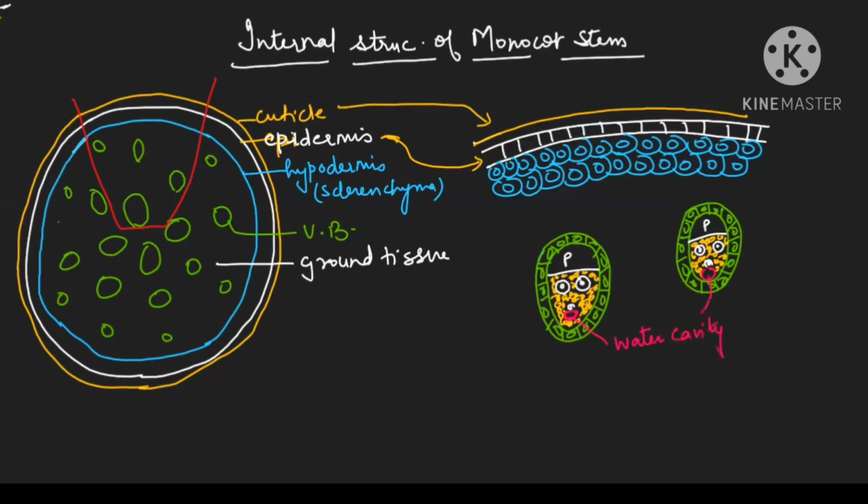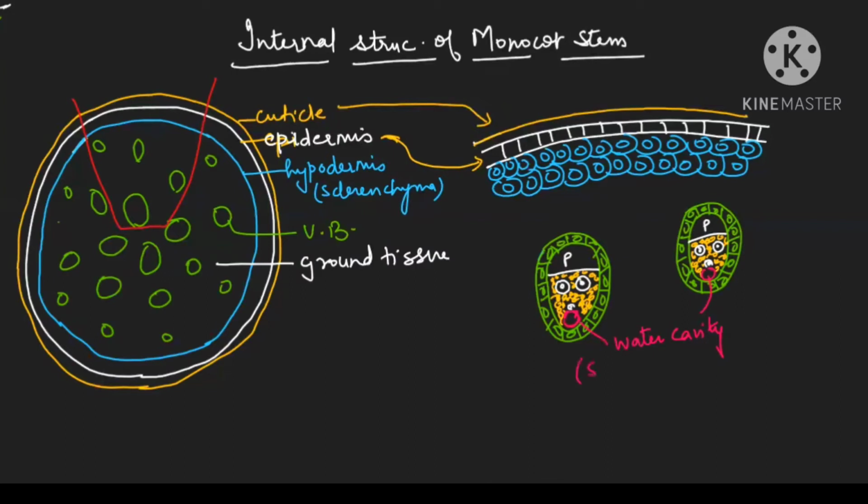Now, wait. Let us make it properly so that learning is very easy for us. I should make it this big so that you can understand properly. This is your water containing cavity. And this cavity was made by the dissolution of a few cells. Remember, we have dissolved one protoxylem and a few xylem parenchyma.